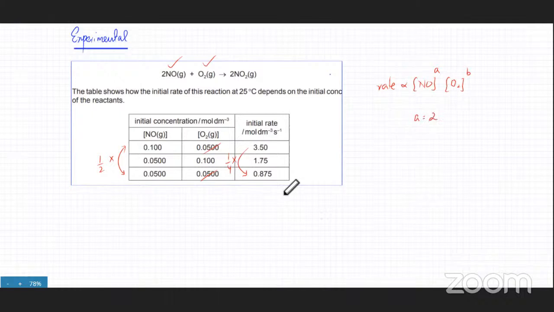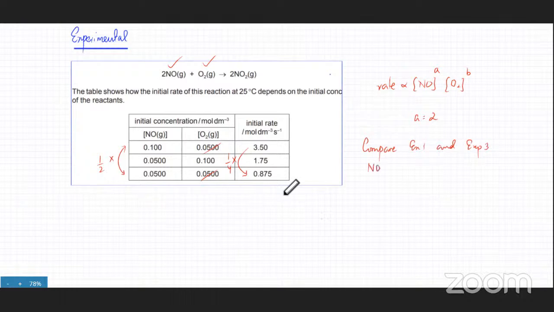Now how do you explain this in your answer? You have to be very specific. You write: compare experiments 1 and 3.